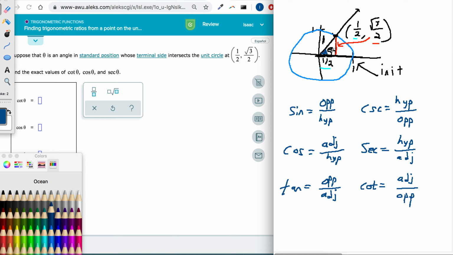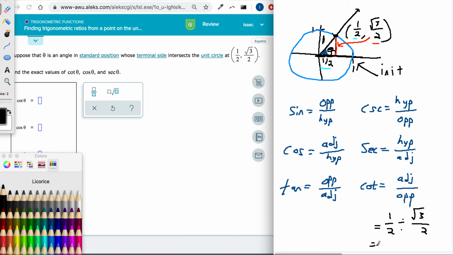So cotangent would be the adjacent from this angle, which is 1/2, because the opposite is square root of 3 over 2. It says divide, but since it's fractions, I'm going to write them out to the side like this. Divide the opposite of theta, which is square root of 3 over 2.